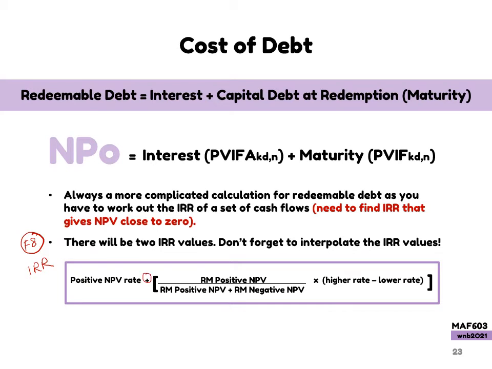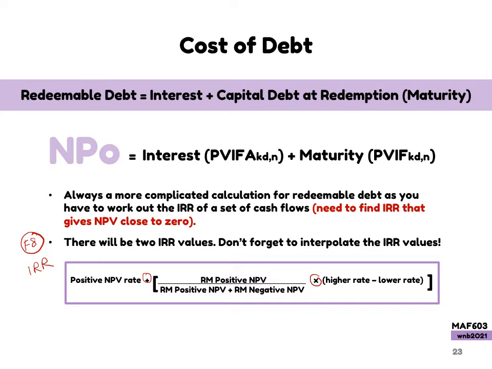positive NPV, the amount of NPV yang positif divided by RM positive NPV plus RM negative NPV. Nilai NPV yang positif tu you akan tambah dengan nilai NPV yang negatif times with higher rate minus lower rate.